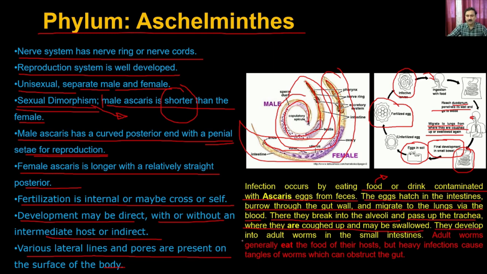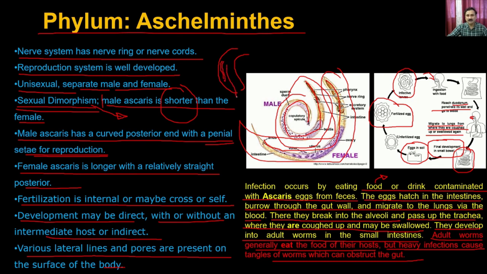They develop into the adult worm in the small intestine, and the adult worms generally eat the food of their host, but heavy infection can cause tangling of the worms which can obstruct the gut. See, when it is present in the small intestine, it gets the completely digested food, and if there is a small number of Ascaris, then it is fine.